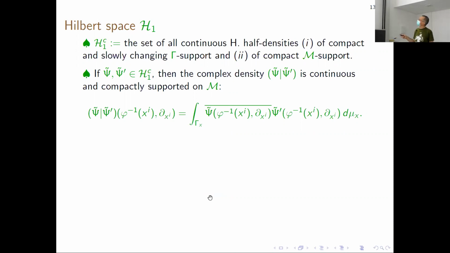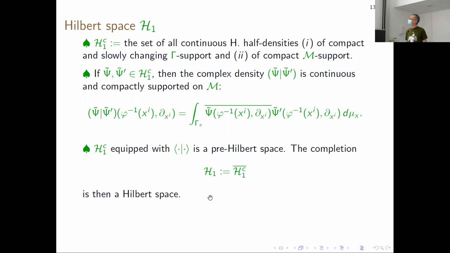And because these two are of compact M support, the resulting complex density is also of compact M support. Therefore, this density is integrable over the manifold. So the conclusion is that, of course, it is necessary to show that this set is a linear space, and it is possible to do this.